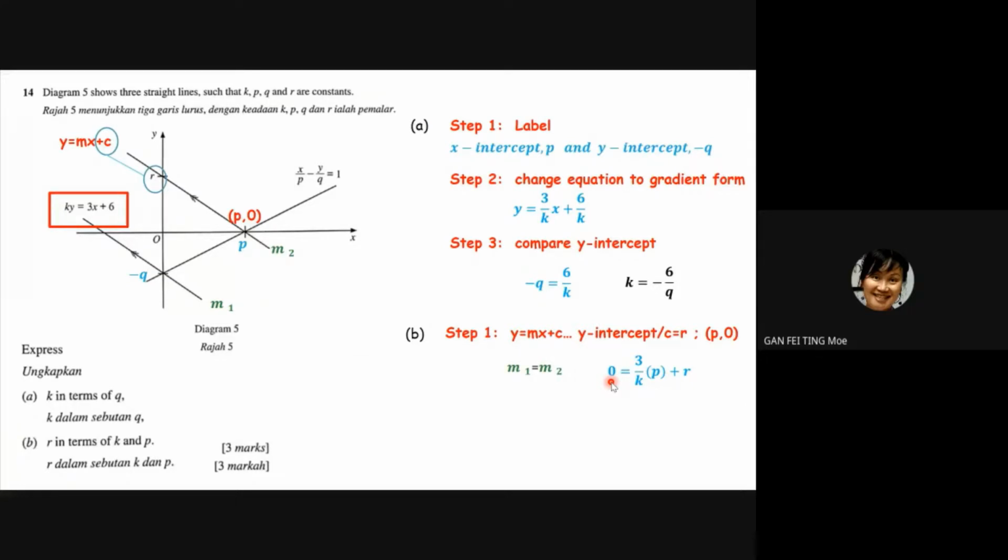Once you get the answer, please say out the answer. The answer is r equals to negative 3p over k. Yes, very good. Okay, change r as the subject.